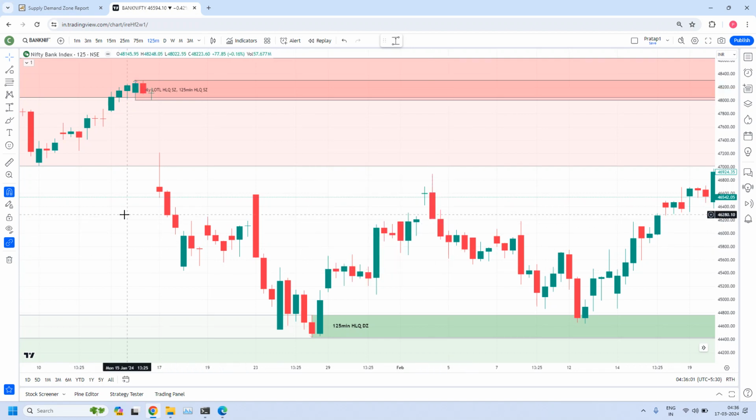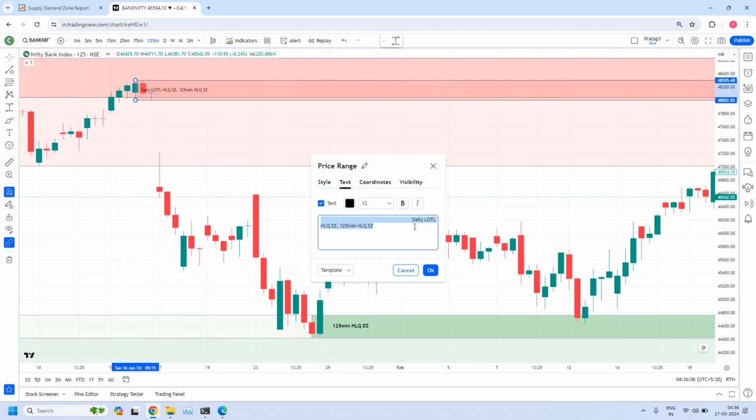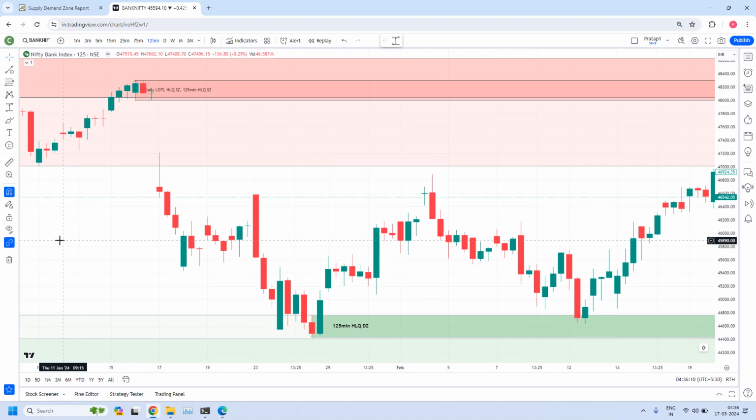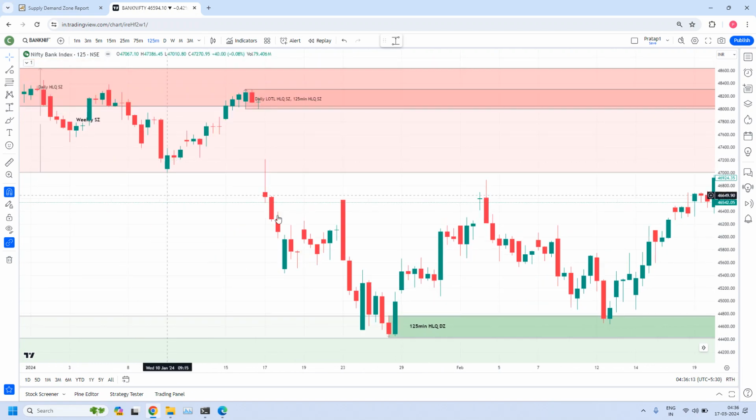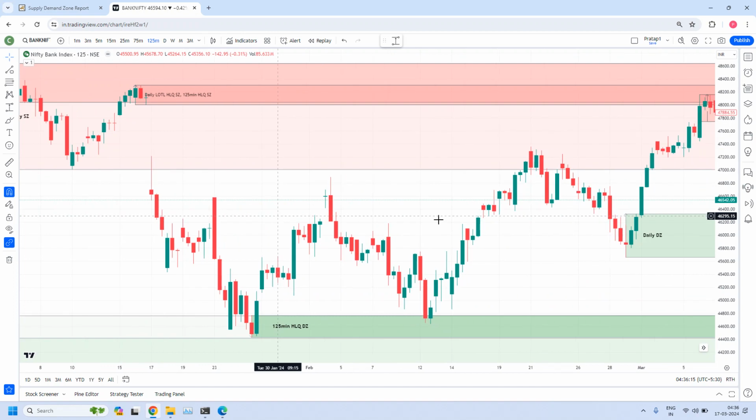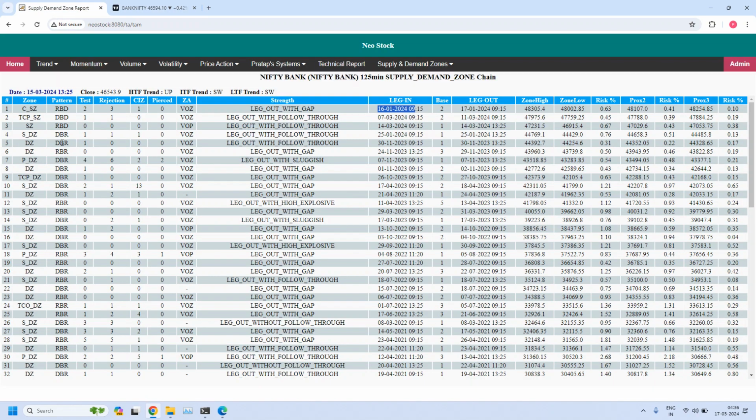This is the one. So it supports both daily as well as 125 minutes. So this is one high liquidity zone.